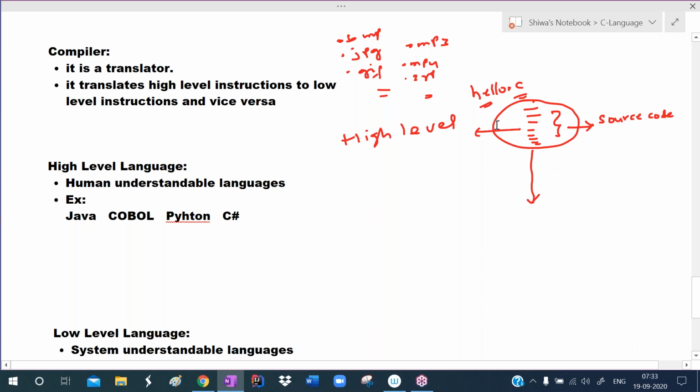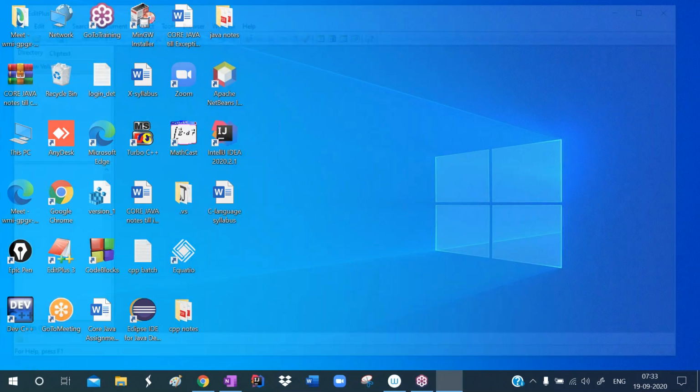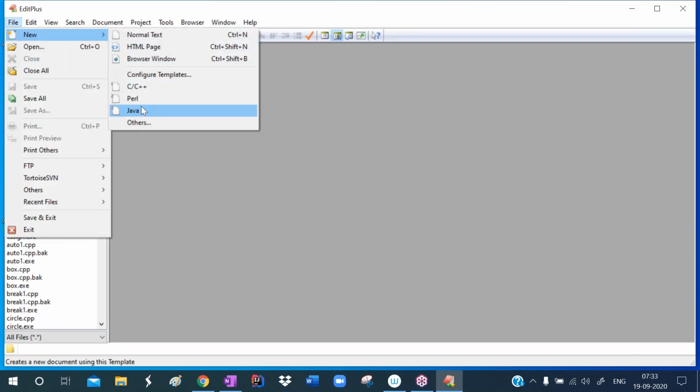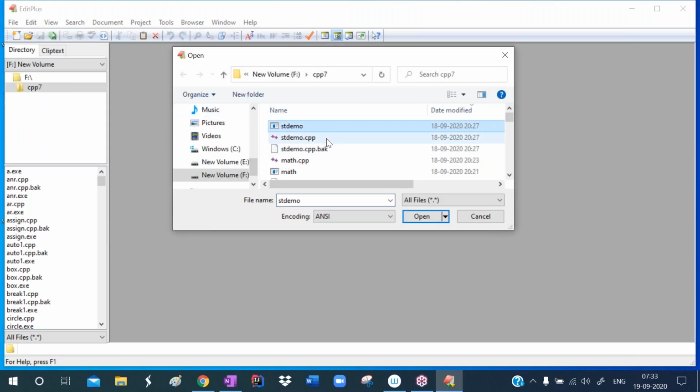See, source code means we are writing the code. Let me open some existing programs, like previous CPP programs.